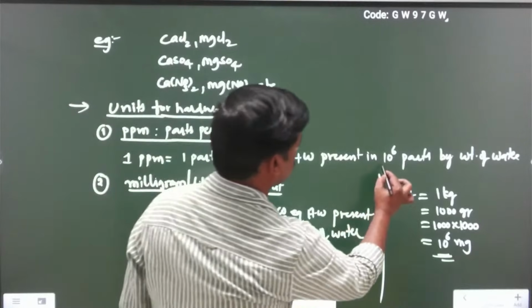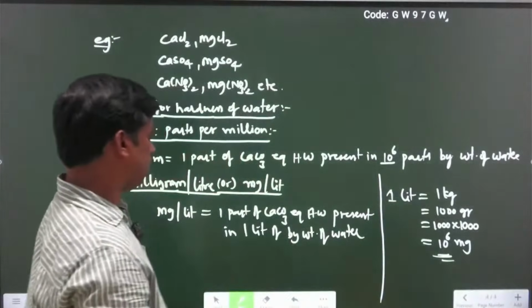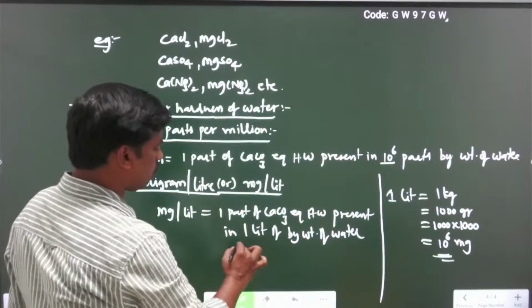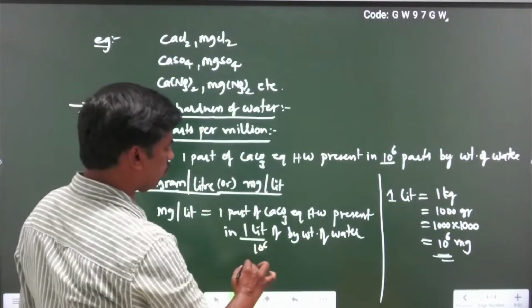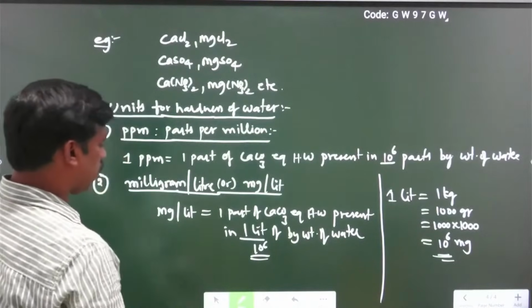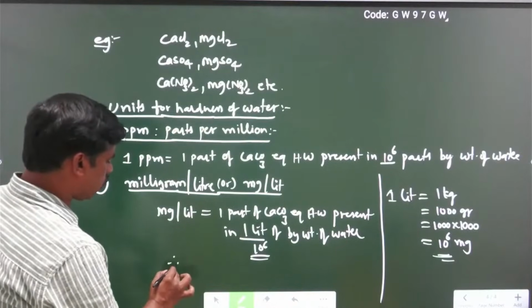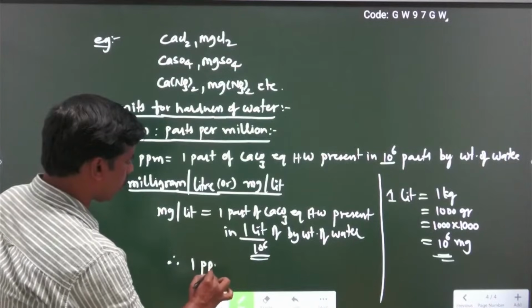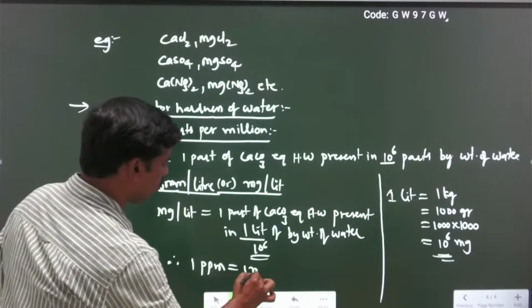This one is also 10 to the power of 6 parts by weight of water. Therefore, the two units are equal: 1 ppm is equal to 1 milligram per liter.